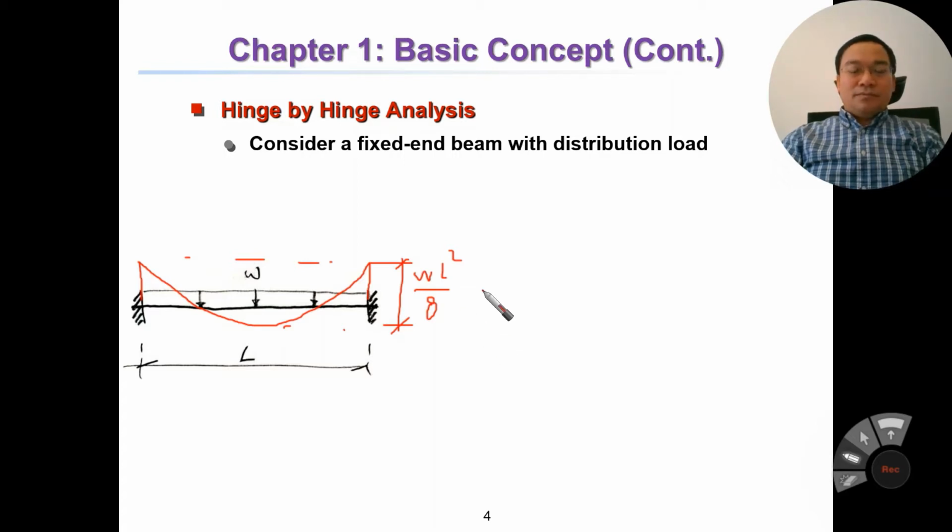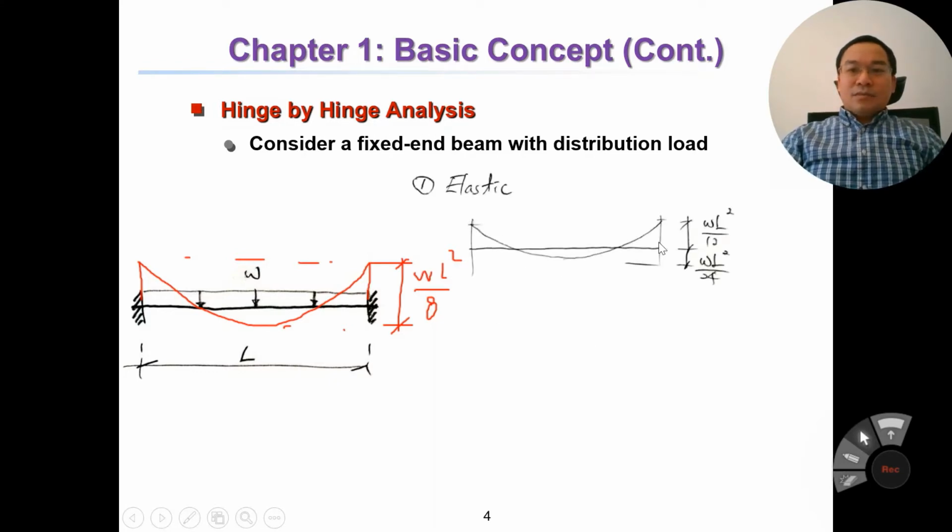So that is elastic. In elastic, we have a moment diagram like this. At the fixed ends, the moment is WL square over 12, and at the middle, the moment is WL square over 24. If the load is increased, what happens?